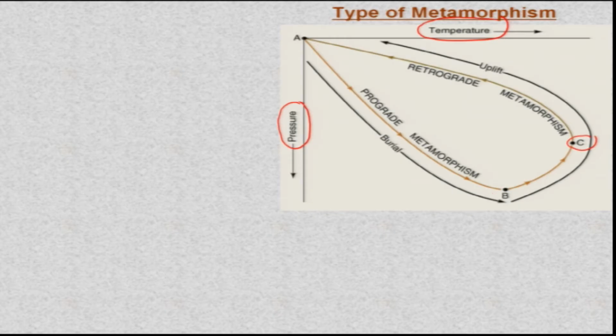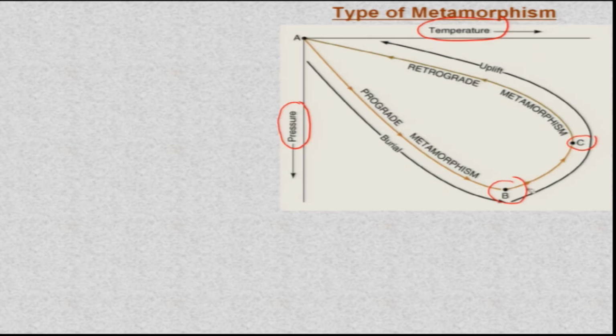Now this process is because of the subducting plate, or the material which has been subducted below the surface within the crust, and then the time will come when the tectonic movements stop somewhere.